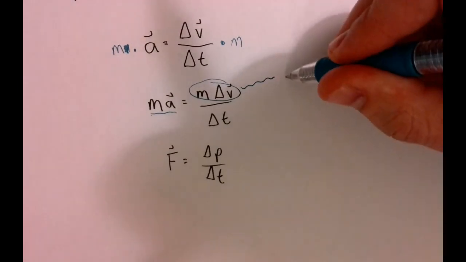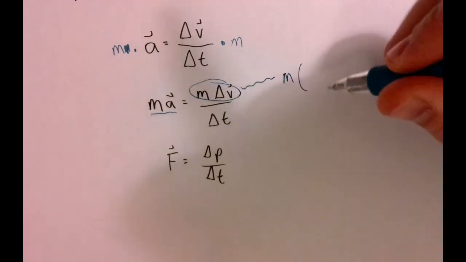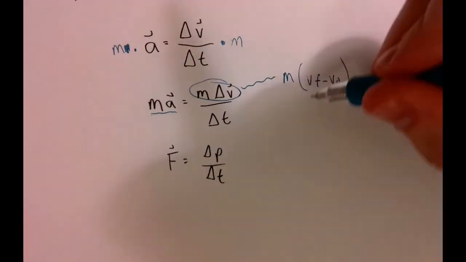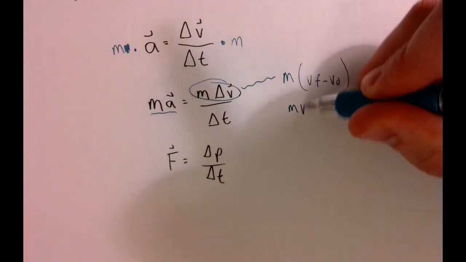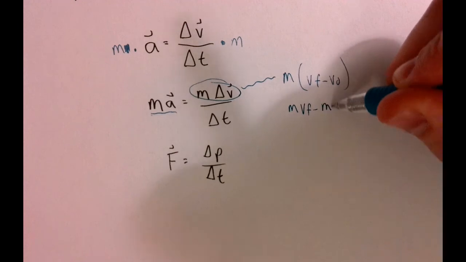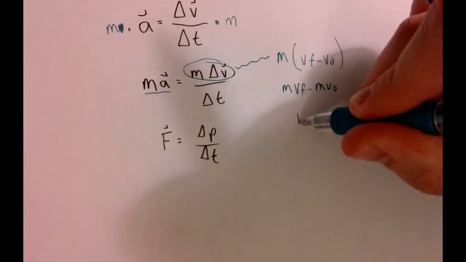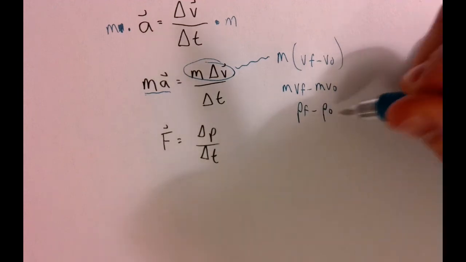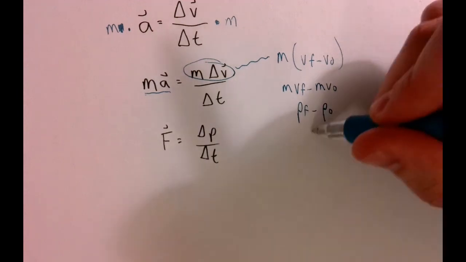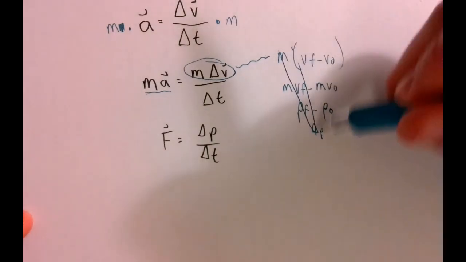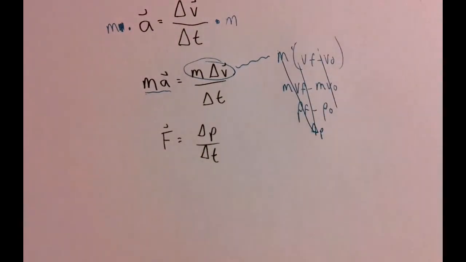So delta V is V_F minus V initial. So if I distribute that in, we have m V_F minus m V_0. I think that's a little more clear. This is momentum final minus momentum initial. So there's how we're getting delta P. So don't worry about that part. Just kind of proving my thoughts there.